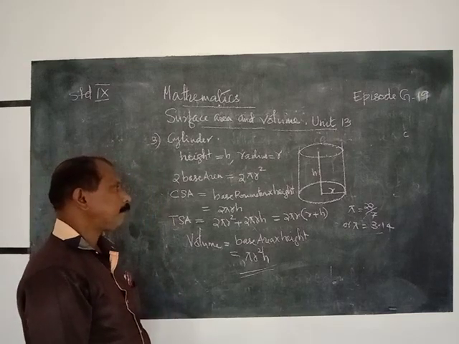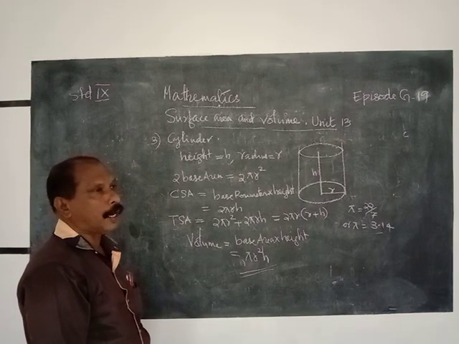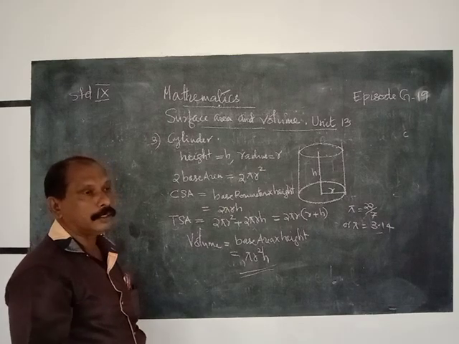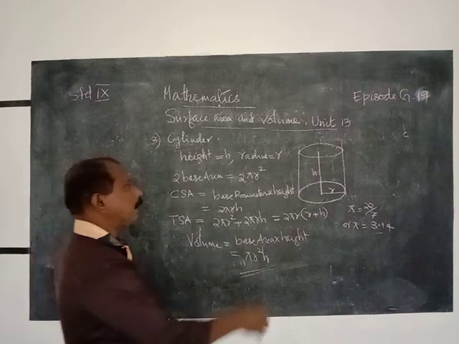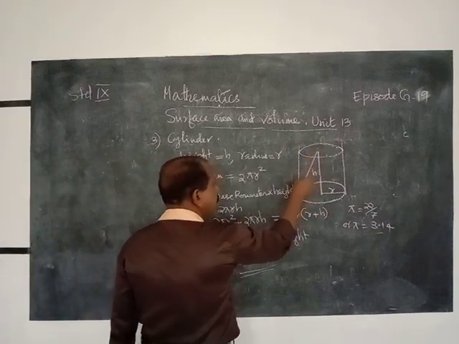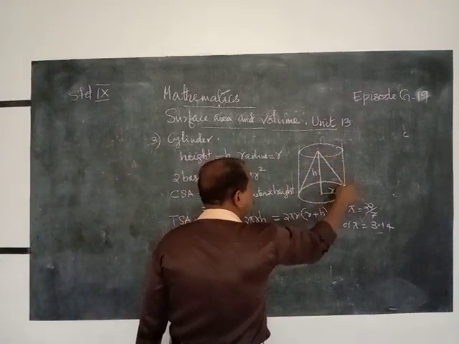Then, the top circular part of the cylinder is reduced into a vertex point. We get a cone. This is the cone.